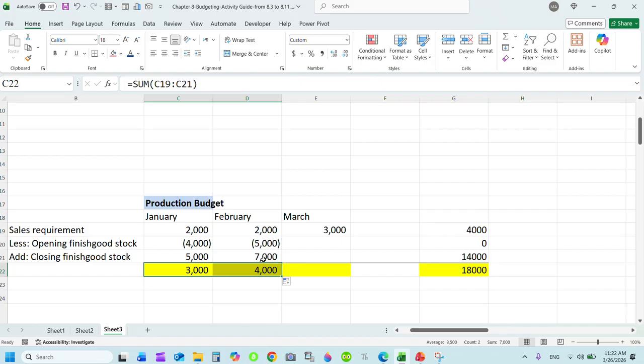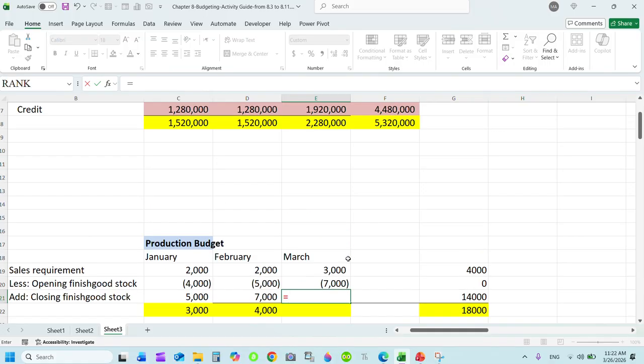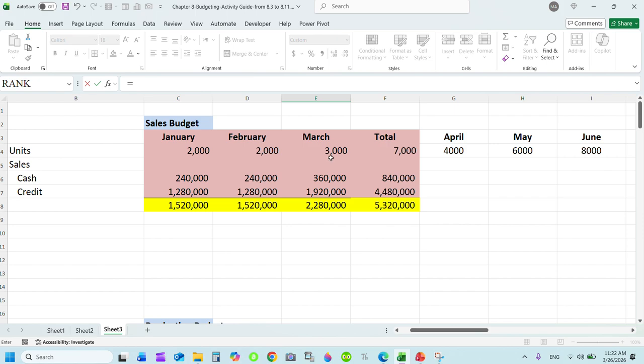Then this closing stock will become open stock for the March, and March closing stock should be equivalent to next 2 months demand, sales requirement.